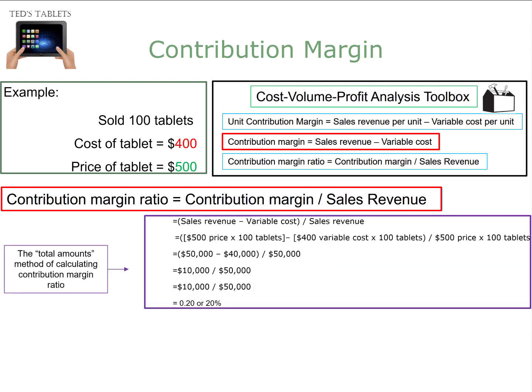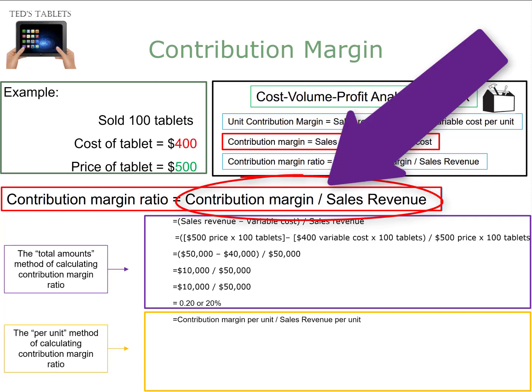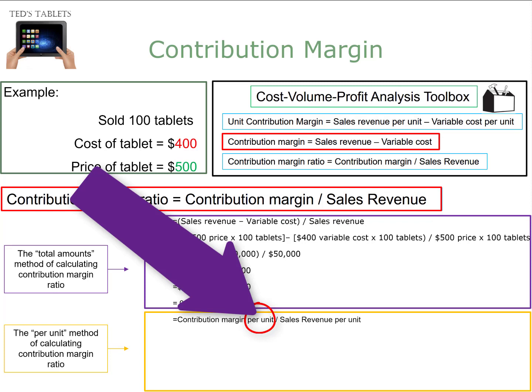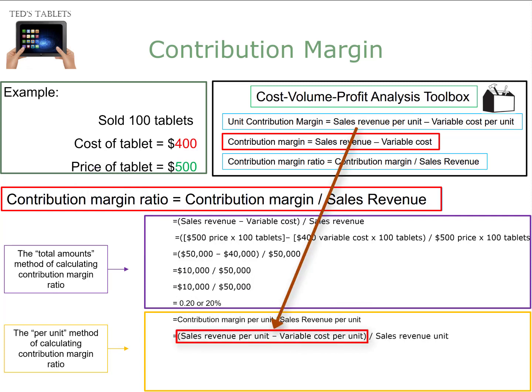A simpler method is the per unit method of calculating contribution margin ratio. Instead of contribution margin divided by sales revenue, it becomes contribution margin per unit divided by sales revenue per unit. Then we replace contribution margin per unit with sales revenue per unit minus variable cost per unit.